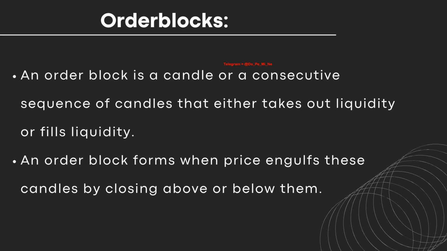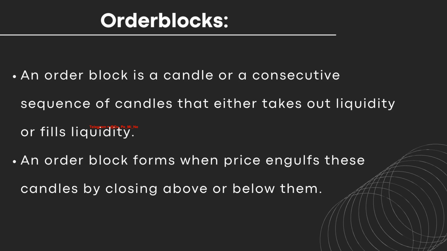That means it can either be a single candle or a sequence of multiple consecutive candles, that either takes out liquidity in the form of taking out a high or low, or fills liquidity. This is the basic definition of an order block: a candle or a consecutive sequence of multiple candles which purges liquidity or fills liquidity.